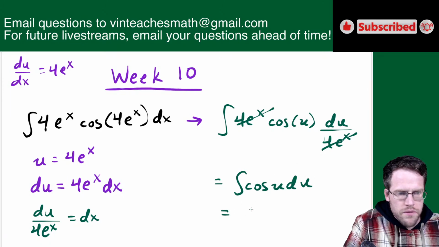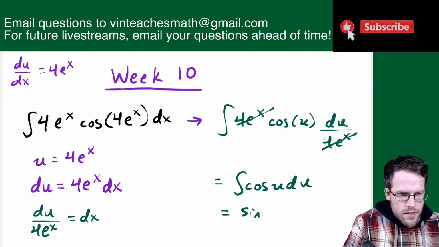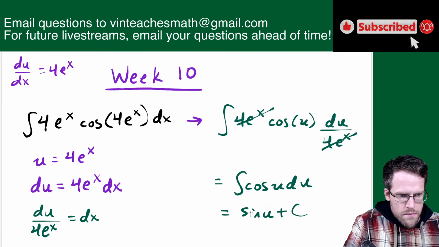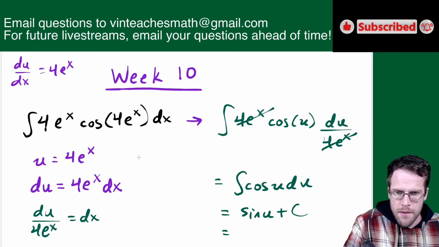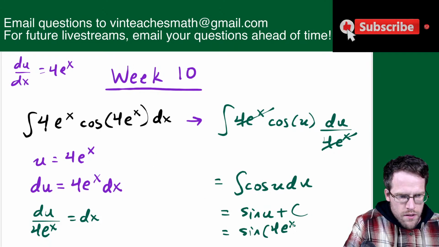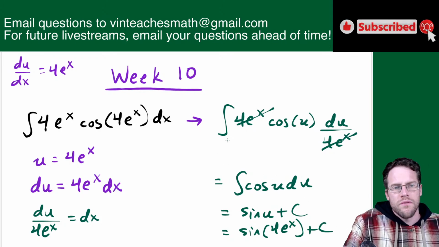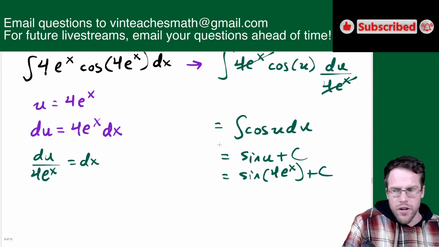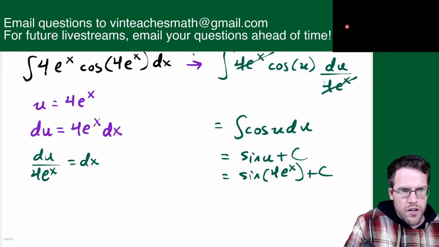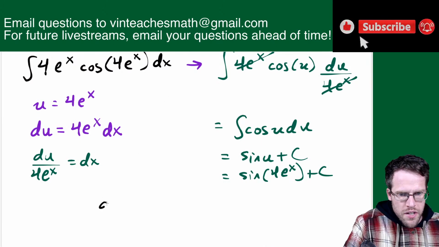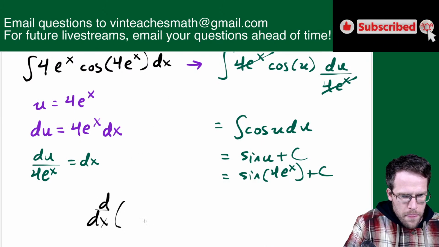Now the antiderivative of cosine u is sine u plus c. And the last step, make a substitution for u. We're writing it back in terms of x. So here would be our antiderivative. Now, whenever you want to check your answer to these questions, you can always just take your answer and take the derivative.